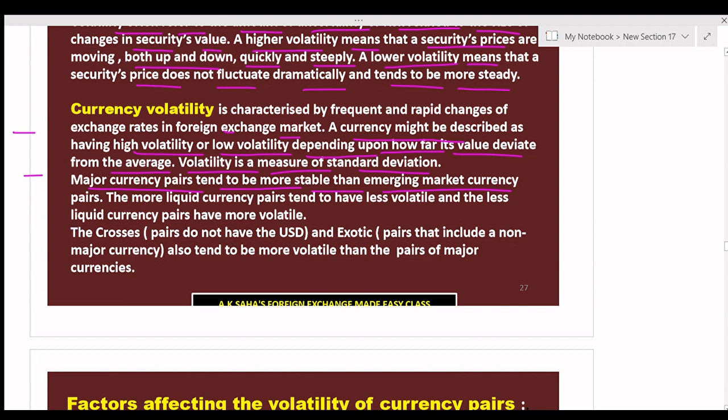The more liquid currency pairs tend to be less volatile, and less liquid currency pairs are more volatile. The cross pairs do not have the USD, and exotic pairs that include a non-major currency also tend to be more volatile than pairs of major currencies.